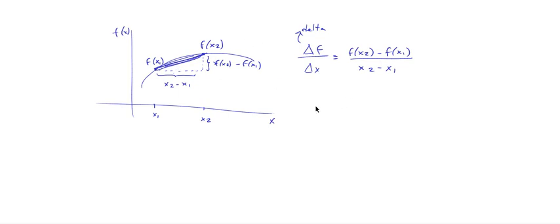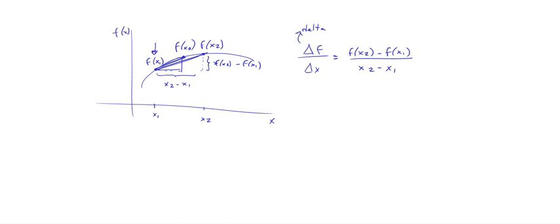But it's clear that if, instead of choosing x2 and x1, we choose a different point, for instance, let's say x3, between x2 and x1, the slope is going to be different. The change between one and the other is going to be different. So in math, what we want to study is the rate of change at this particular point, x1.